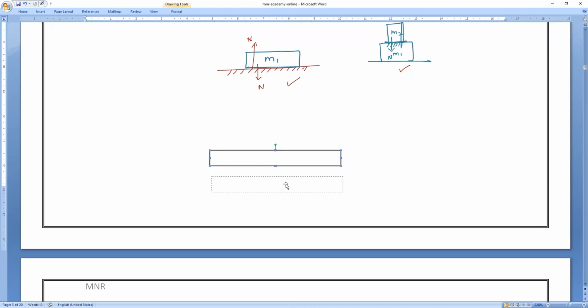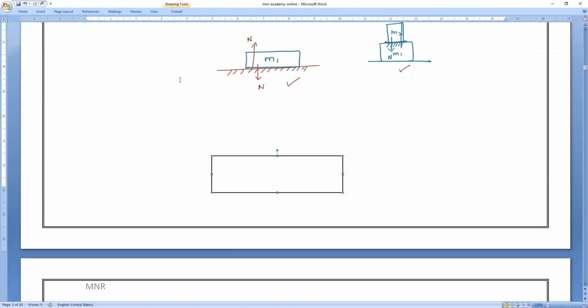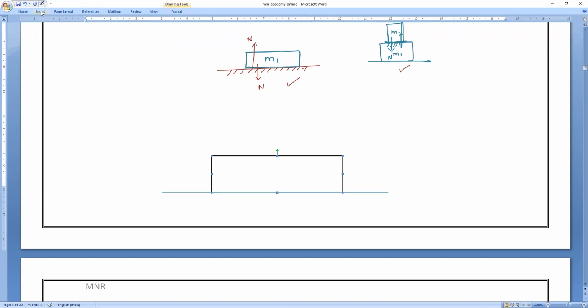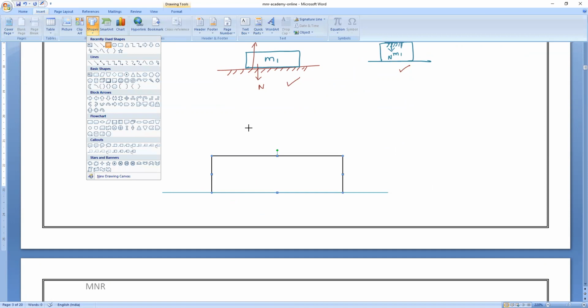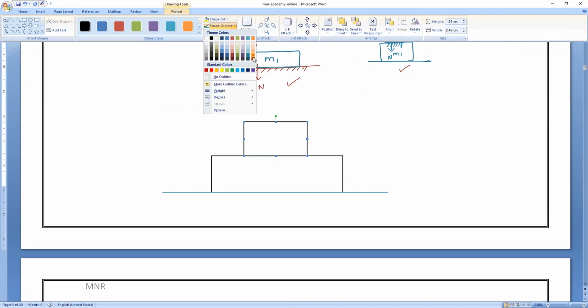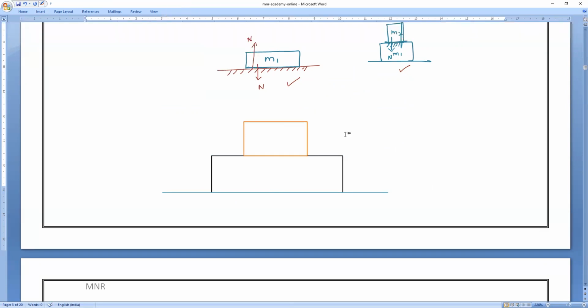First let me draw the surface, and this is the surface and the first block. Then the second block goes over the first block. Any problem for anybody?